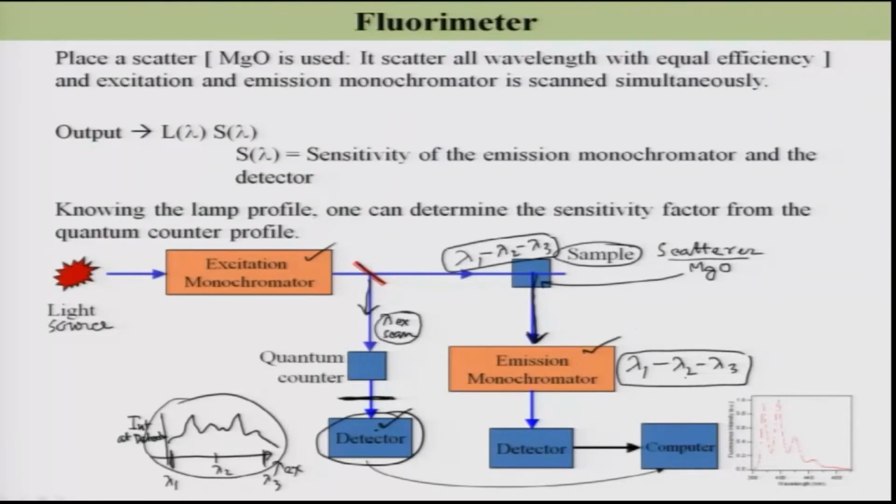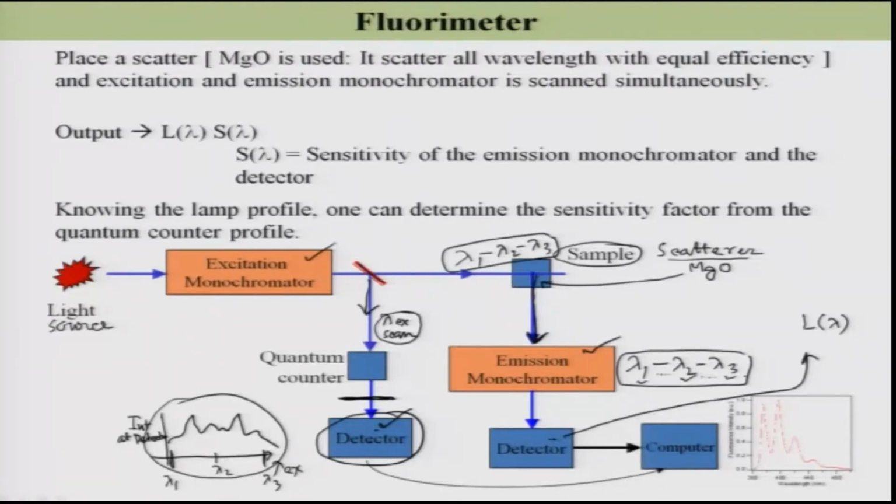So, in this case what will you get? You should get this spectra again, L lambda, but please note that the detector at a time measures only one lambda, sometimes lambda 1, then some lambda in between, then lambda 2, then lambda 3. That means the detector efficiency or monochromator efficiency comes into the picture.